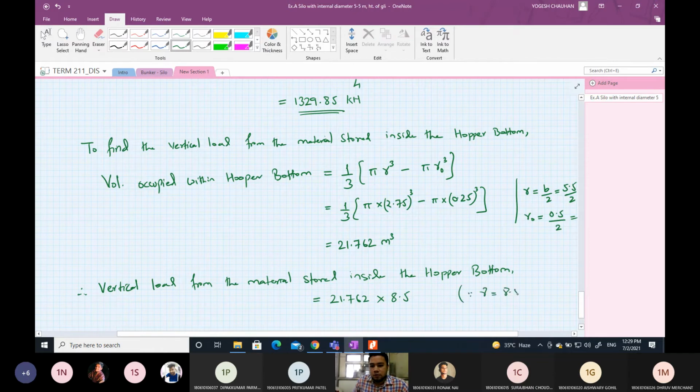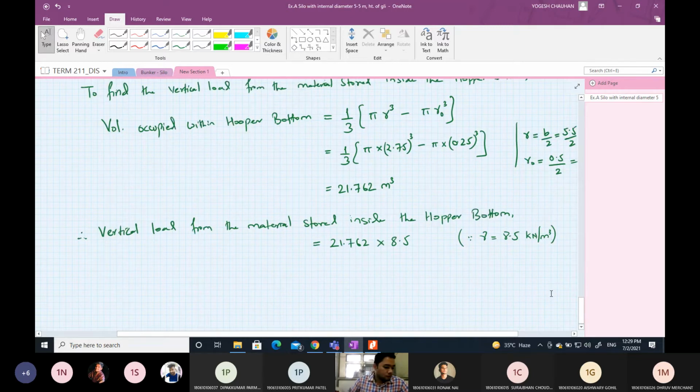Gamma is equal to 8.5 kilonewton per meter cube. So that will be 184.94 kilonewton.